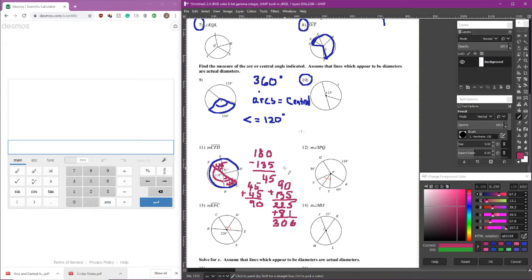Now, taking what we started with, the information that all the circles will equal 360 degrees, we just take what all these angles added up to and subtract them from 360. So 360, take away 306, and you have 54 degrees.